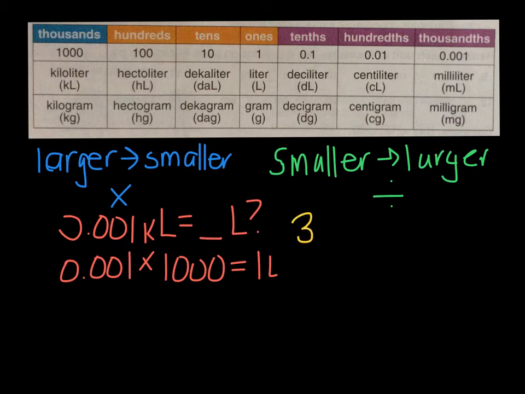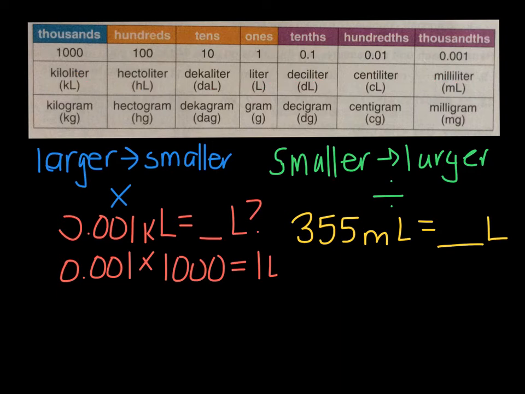Over here then, if we're given 355 milliliters, how many liters does that equal? Well, here we have the milliliters, and we're going to go to the larger unit, liters, right here. We're going to need to divide.